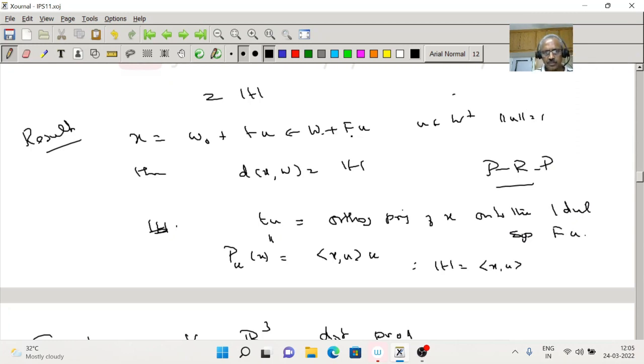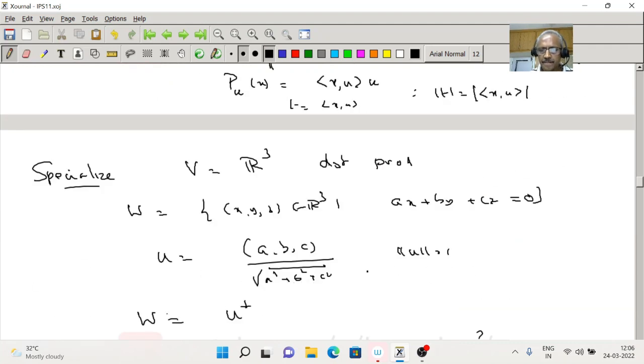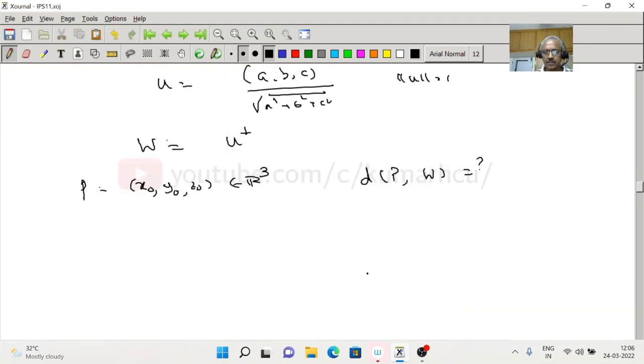Now we know already, that was our earlier point: the orthogonal projection onto the one-dimensional subspace spanned by a unit vector is given by inner product of x and u, times u. But that is equal to t u. Therefore mod t must be this, that is, t equals the inner product of x and u. Okay, so we are through.